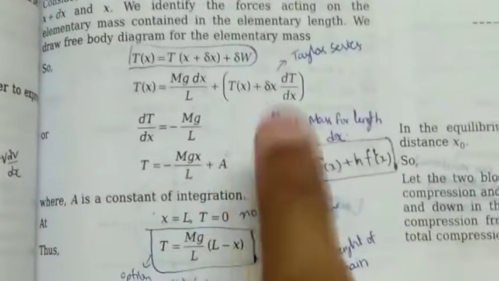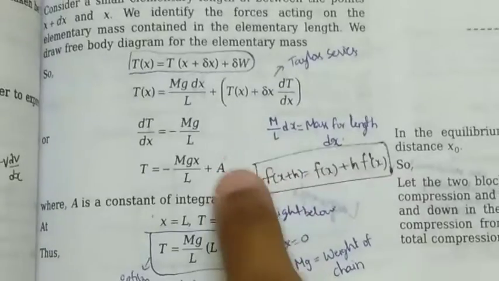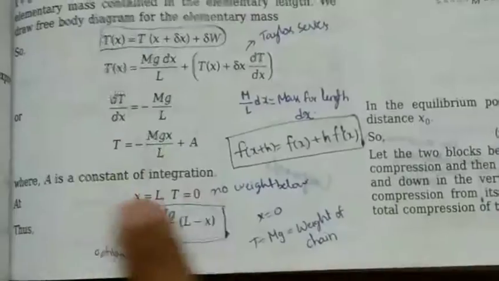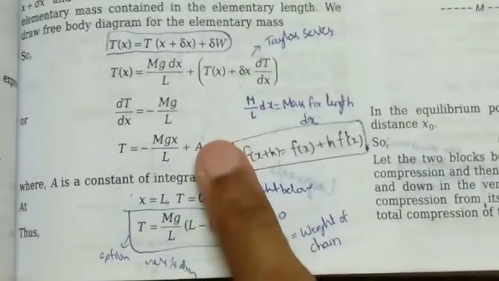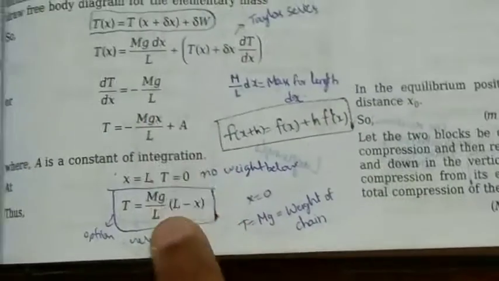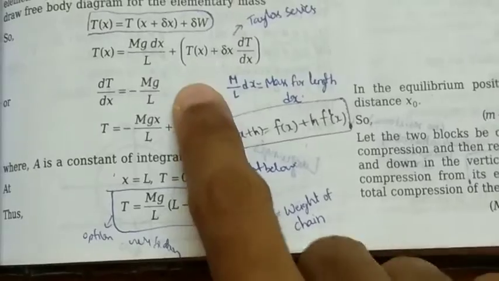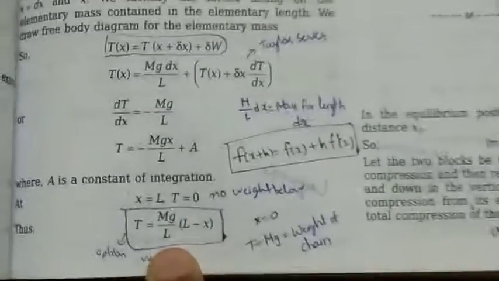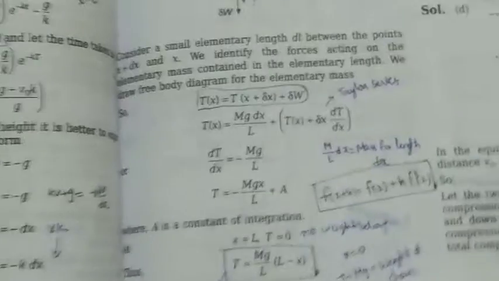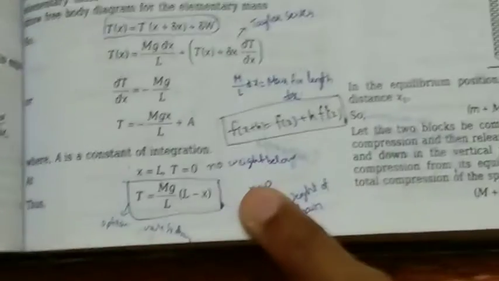So L minus x. After substituting the value of a in this equation from this condition, after simplification we would have this. By taking mg by L common, here L would be remaining, here minus x. So t equals mg by L times L minus x. This is the formula for tension at each point on the rope.